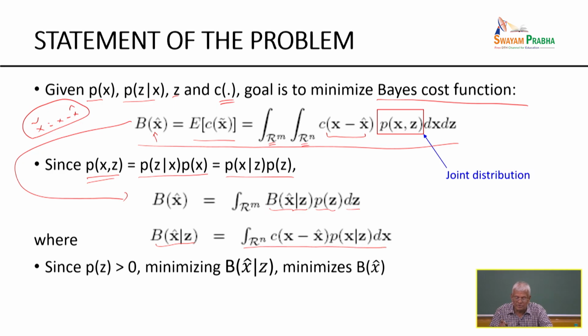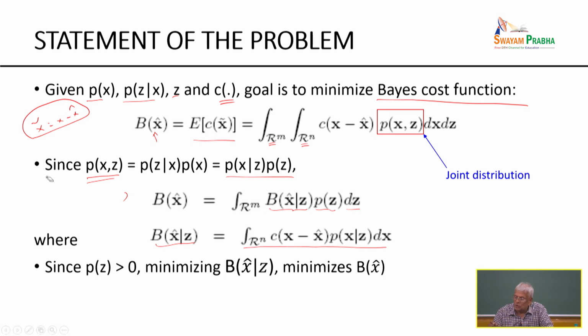So what is it I am trying to do? I am trying to substitute for this the product this way. So let me erase all the other parts. So this is the conditional, this is the joint density, this is the breakup of that. I am going to substitute this in here.